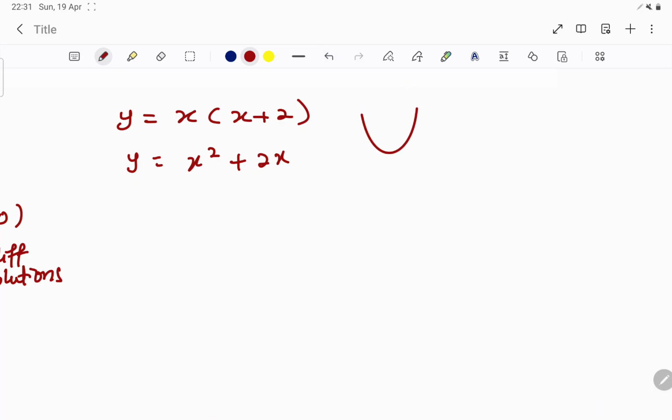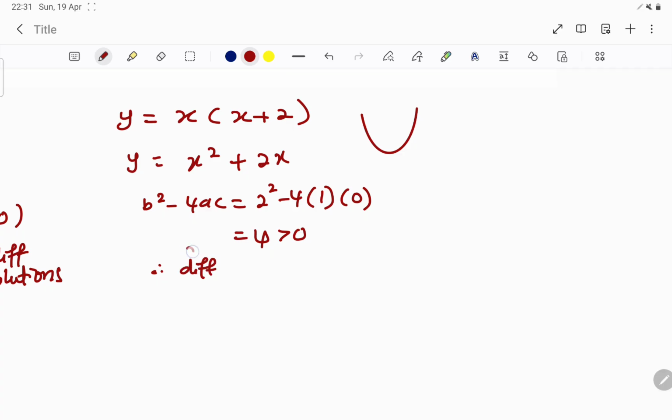How many roots do we have here? You can use b squared minus 4ac. Our b is 2, squared, minus 4 multiplied by a, which is 1, and c is 0. Here you get 4, which is greater than 0, so you have two different solutions.